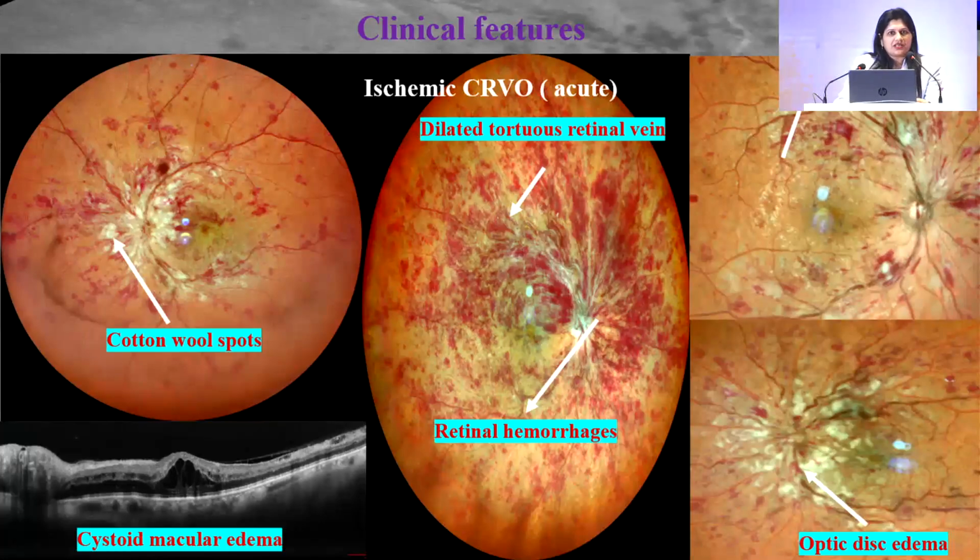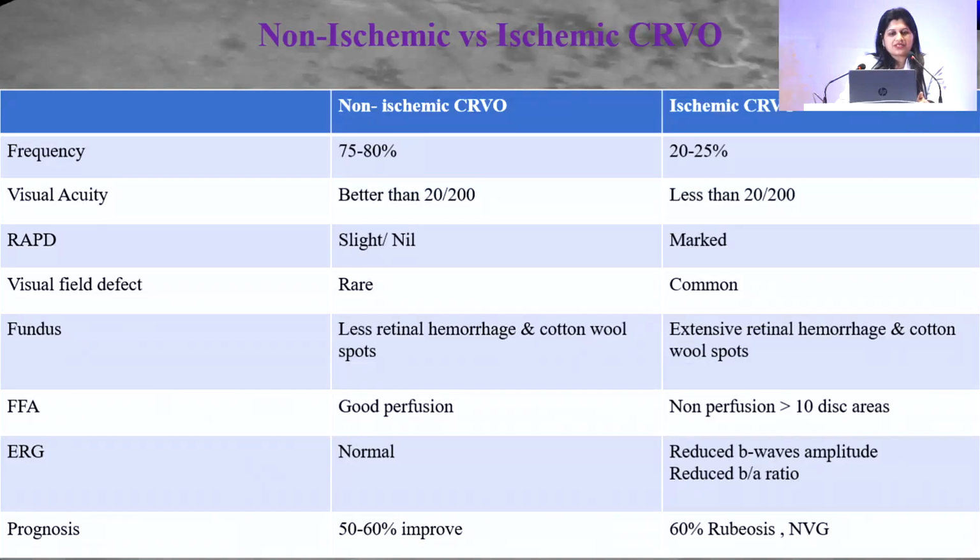In ischemic CRVO, in the acute stage, you will get cotton wool spots, dilated tortuous retinal veins, retinal hemorrhages, hard exudates, and sometimes optic disc edema with cystoid macular edema. This table shows how to differentiate between the two. In ischemic CRVO, visual acuity is usually markedly depressed. You get RAPD.